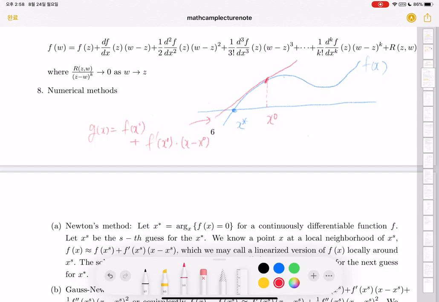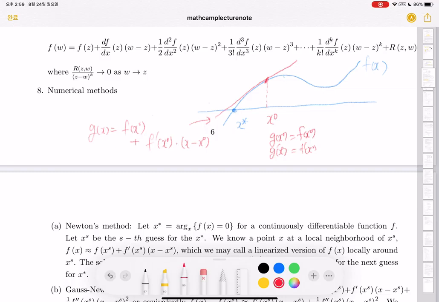First of all, at x naught, the value g of x naught is f of x naught. Another thing we know is g prime of x naught is f prime of x naught, because the line is a tangent line at x naught.